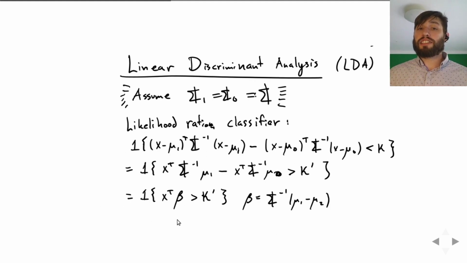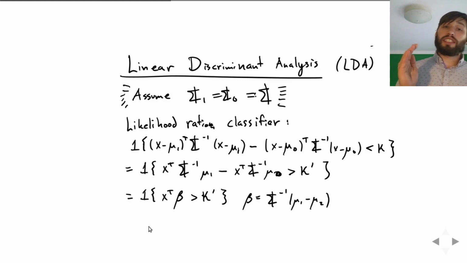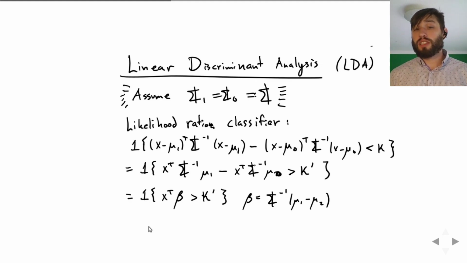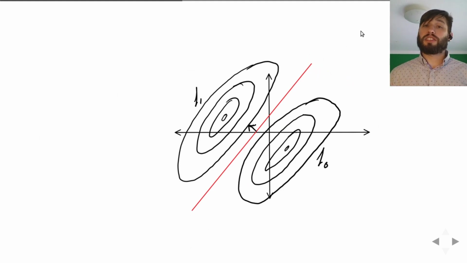So this actually turns out to be a linear classifier in the sense that to determine whether we're going to predict class 1 or class 0, all we have to do is look at X transpose times some beta. Look at some linear function of X. And this beta is equal to the sigma inverse times mu1 minus mu naught. So what this looks like in 2 dimensions is that there's some line.